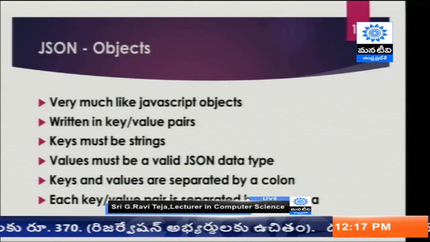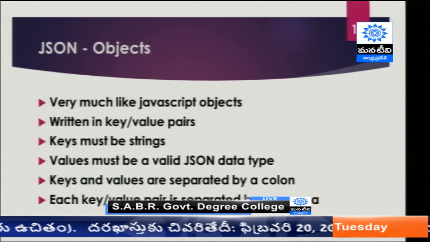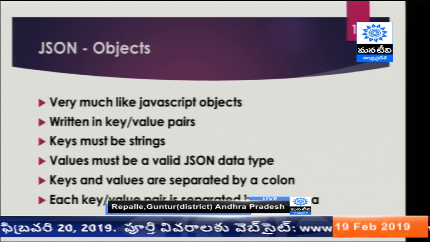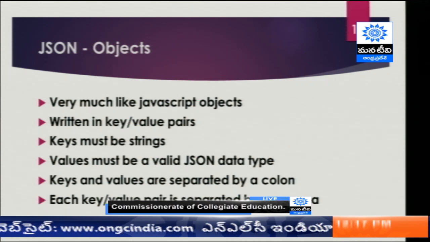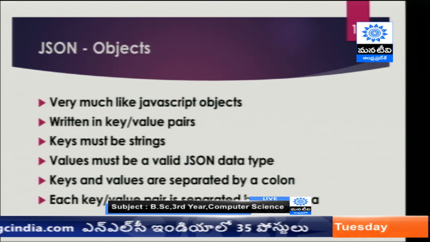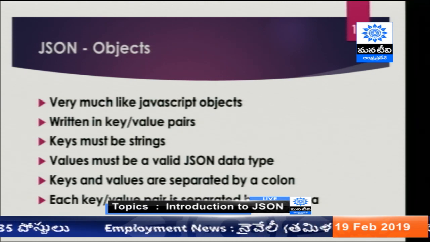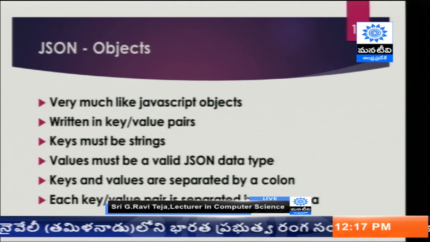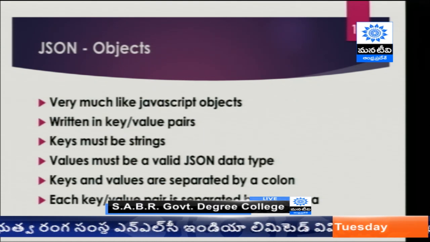This is very much like our JavaScript objects. That means we have to represent the data in this object notation. We write key value pairs, that is the key followed by value, and it is compulsory that keys must be strings. You have to give the name before the value, that is very essential, then only the system can understand. Later we give the values in any one of the JSON data types.